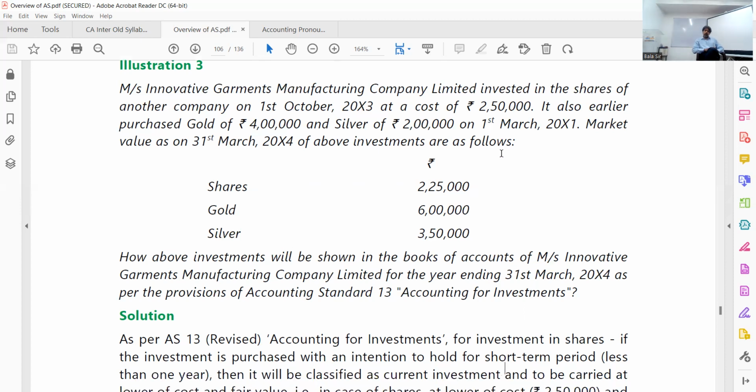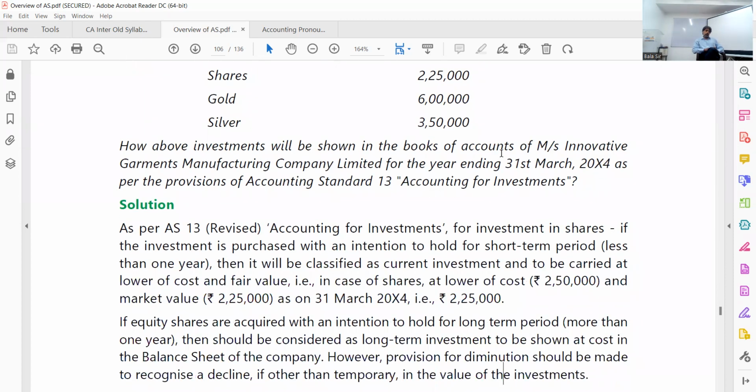Solution. As per AS 13 revised, Accounting for Investments. Always write the accounting standard number, write Accounting for Investments, and also use the word revised. Then, for investment in shares: if the investment is purchased with an intention to hold for a short-term period, you saw that intention matters, right?